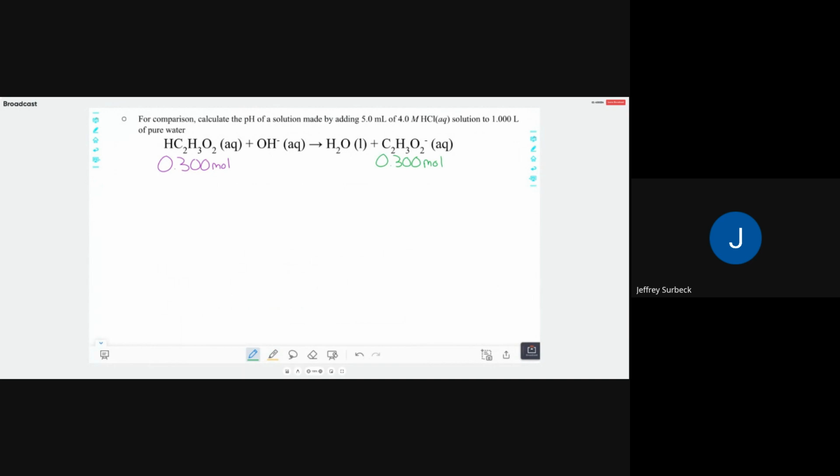Then think about this, and this is where I'm going to copy the info from my previous slide. We're adding not a strong base anymore, but a strong acid. If we add, with the same concentration and same volume, 0.020 moles of our strong acid, now think about what happens.